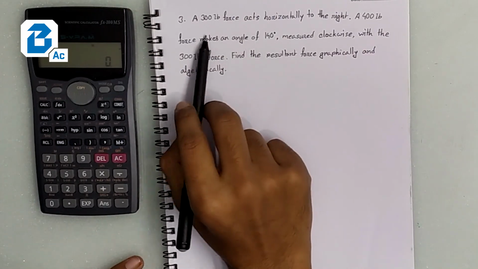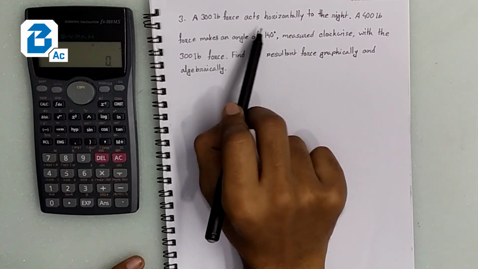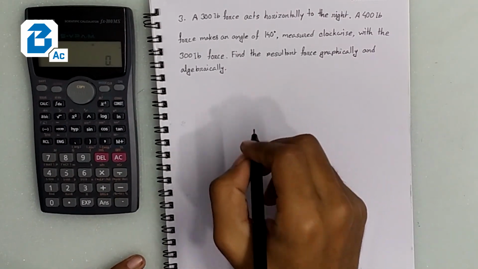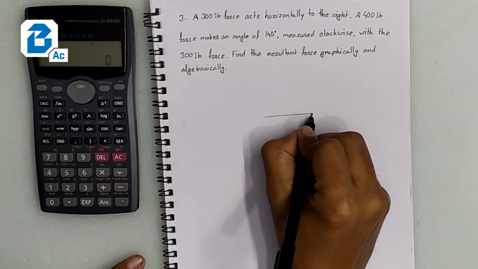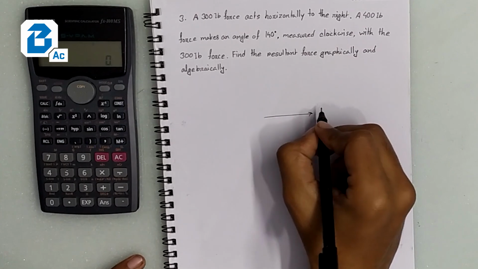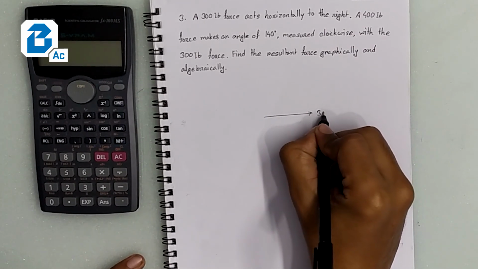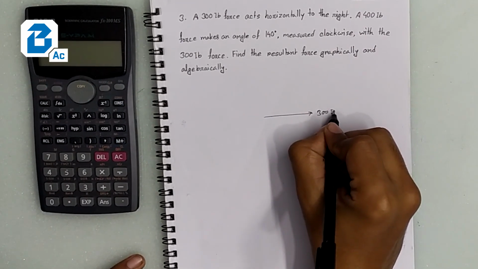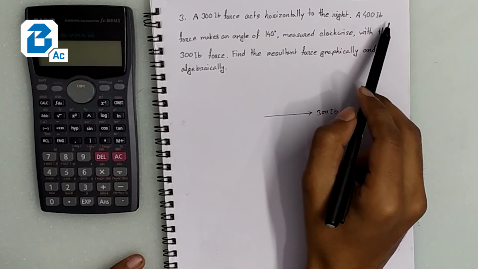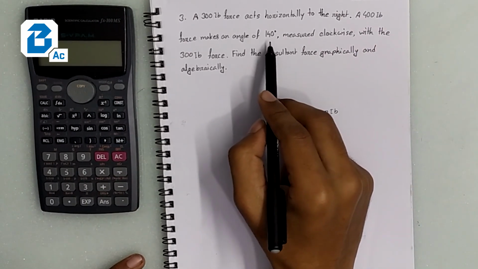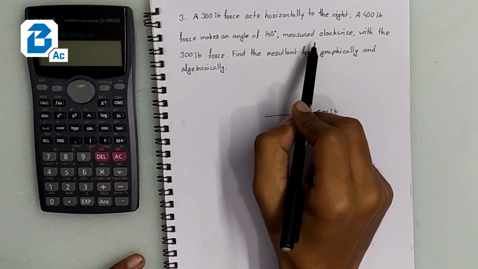Here we have a 300-pound force acting horizontally to the right. So we will take a force rightward. This will be 300 pounds. And then it says a 400-pound force makes an angle of 140 degrees measured clockwise.